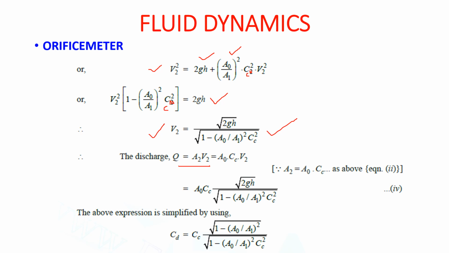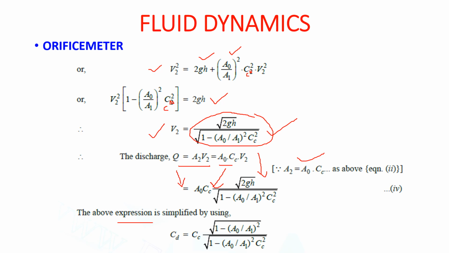A2 will be A naught into Cc, which we have taken in the initial equation. So Q is equal to A naught Cc, instead of A2, and this value of V2 has been inserted here, that is under root 2gh divided by under root 1 minus (A naught by A1) square Cc square.